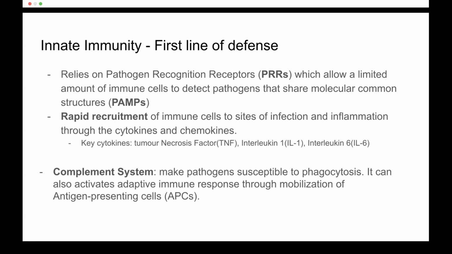And then one of the most important things in innate immunity we have to talk about is the complement system. Basically, it's a pathway that will make pathogens susceptible to phagocytosis, and it will activate adaptive immune systems through mobilization of antigen-presenting cells.